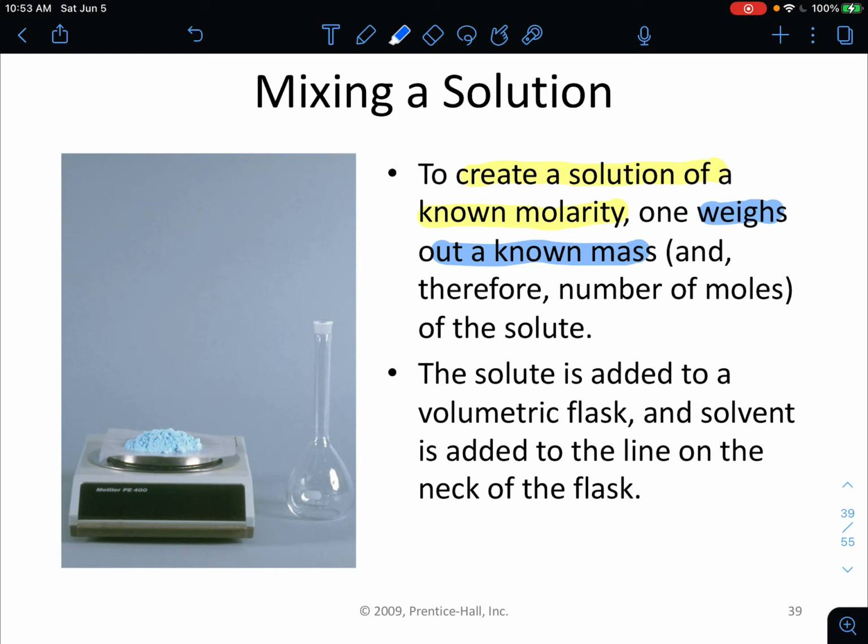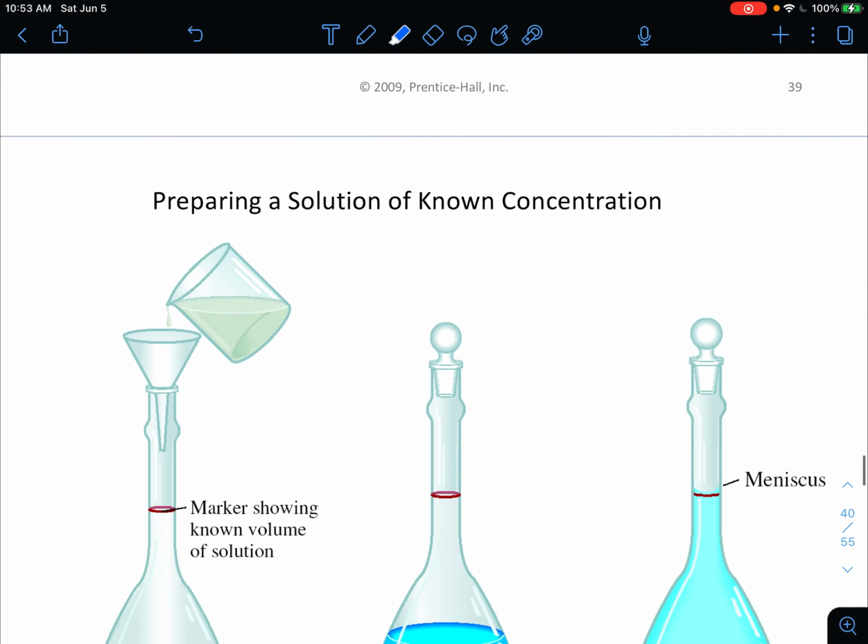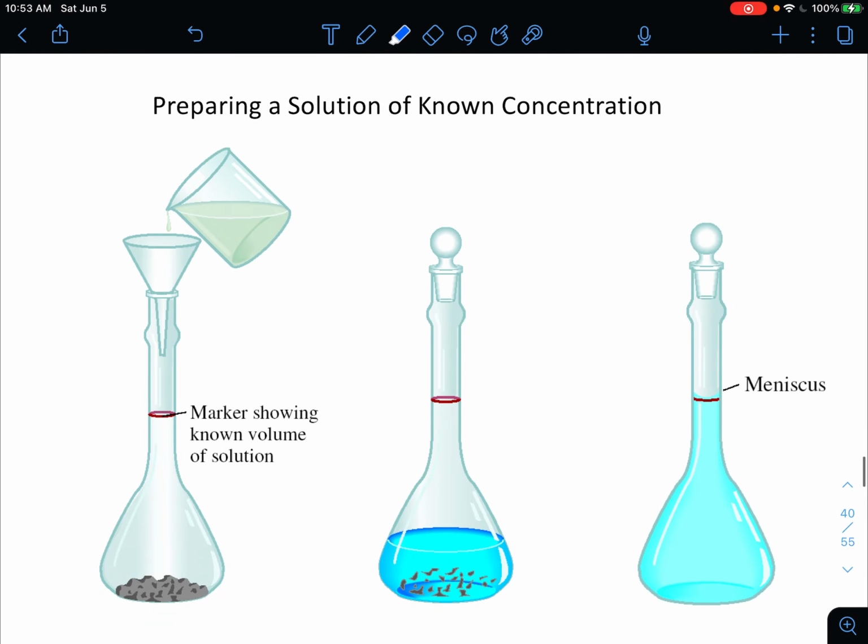Then in practice, after adding the solute, you cover it in water, swirl it around until the solid dissolves, and then you add solvent to the line at the top of the volumetric flask. So that's what we want to think about there. And this is just showing that same idea, right?